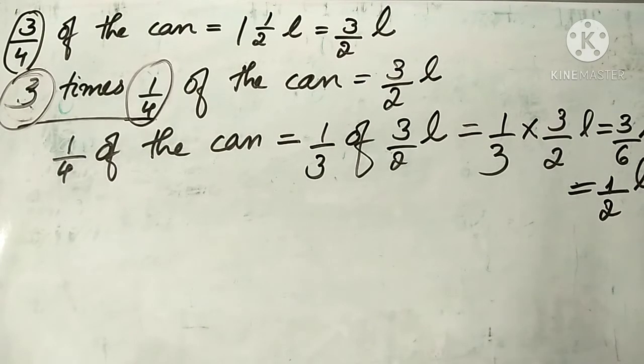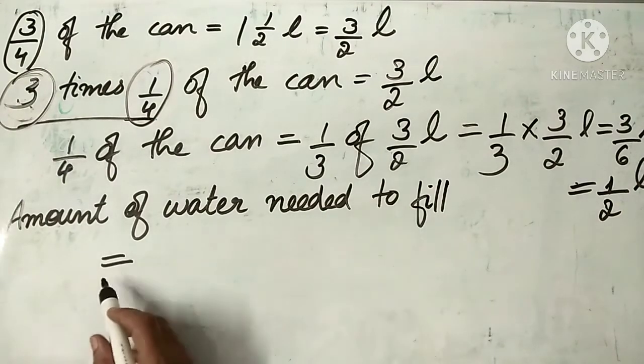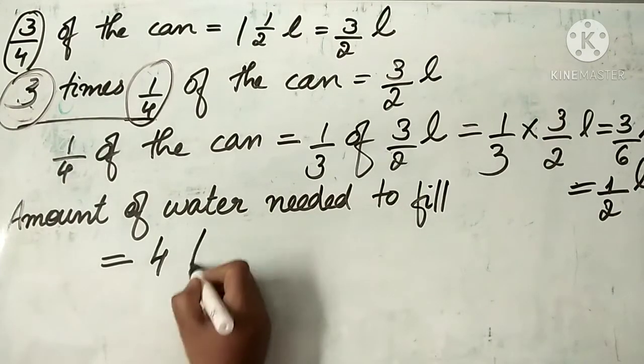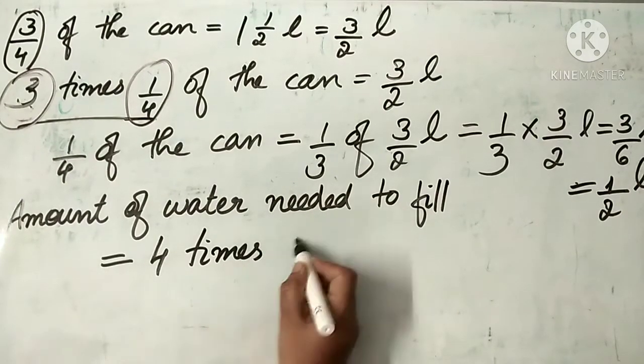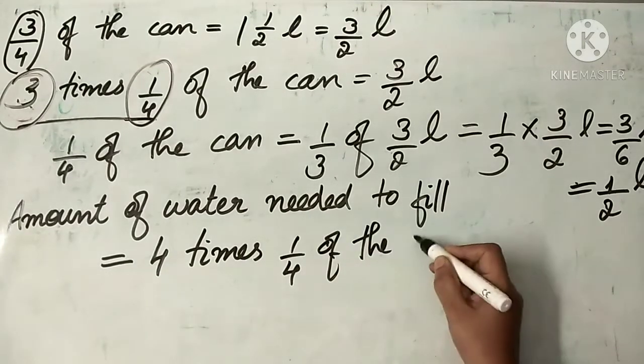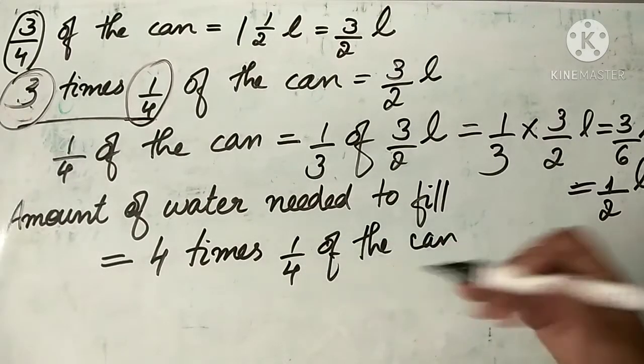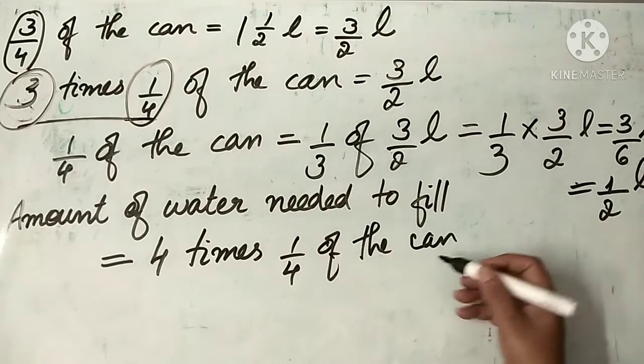And we need to find how much water is needed to fill it completely. So we can write amount of water needed to fill is equal to 4 times 1 by 4 of the can. 4 times 1 by 4 is full. This is quarter, so 4 times quarter of the can.